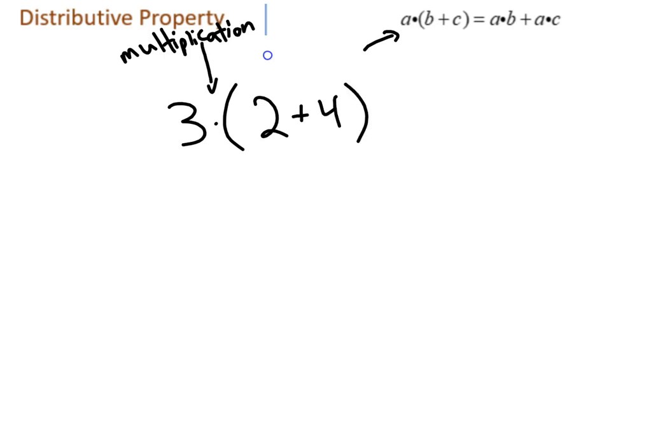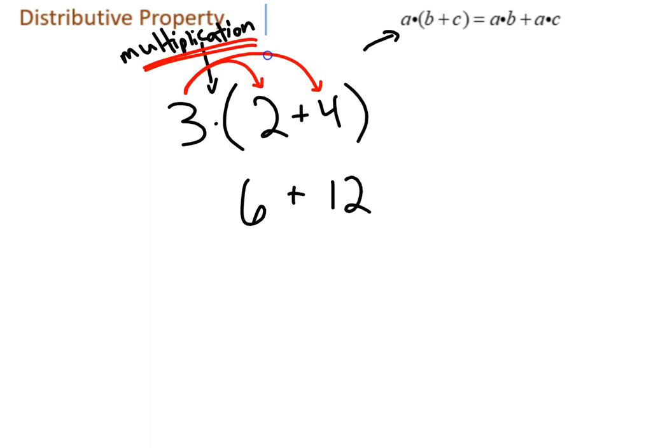What the distributive property tells us to do is to take the number 3 and do this operation to both the numbers inside the parentheses. So it would be 3 times 2 and 3 times 4. 3 times 2 gives you 6, and 3 times 4 gives you a positive 12.